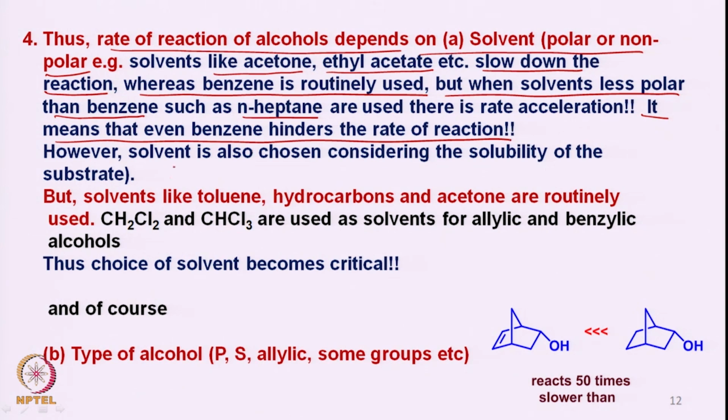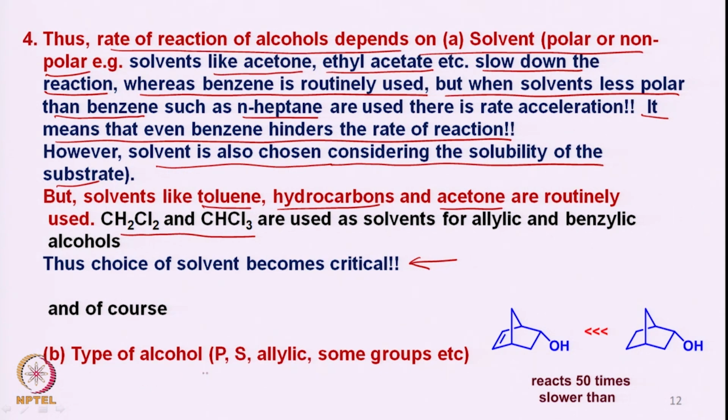So one has to choose the solvent also based on the solubility of the substrate. But solvents like toluene, hydrocarbons and acetone are routinely used, and so are dichloromethane and chloroform, particularly for allylic and benzylic alcohols. Thus the solvent becomes very critical as a choice for the reaction to take place.